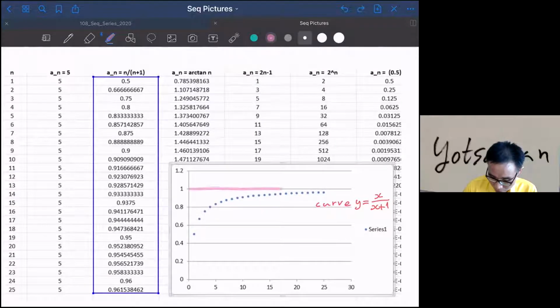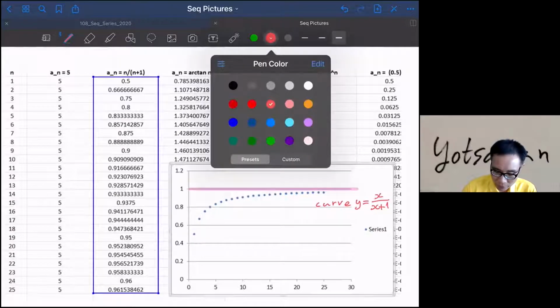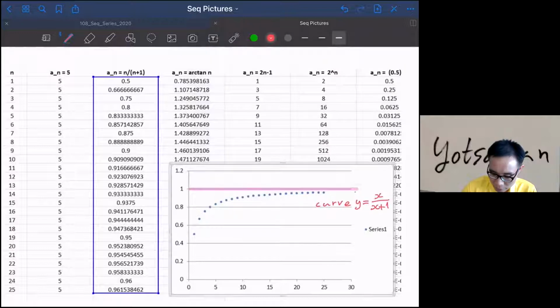You're going to see that for y equal to x over x plus 1, when x goes to infinity, this will be approaching this line. So when n goes to infinity, it's going to get close to this line. It's like the concept of the limit that we saw last semester.